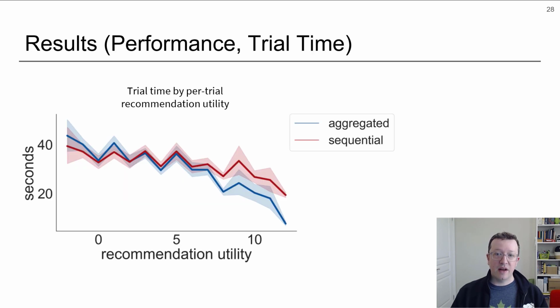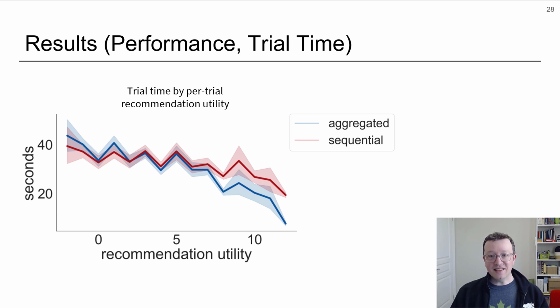To take a closer look, we examined the data in terms of the utility of recommendations for individual trials. So here we're graphing the time to complete trials on the y-axis by the per trial recommendation utility on the x-axis. So at the far right, you have utility 12, which was perfect recommendations for this study. And so what we see is aggregated is performing about the same as sequential when recommendations are lower utility, but then we see this divergence for high utility recommendations of utility 8 or higher.